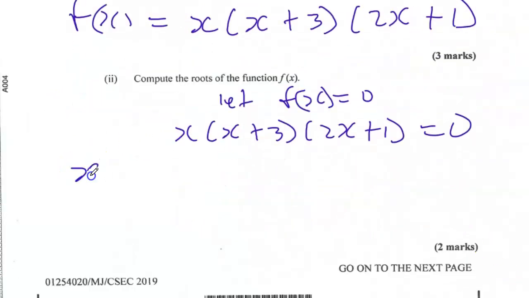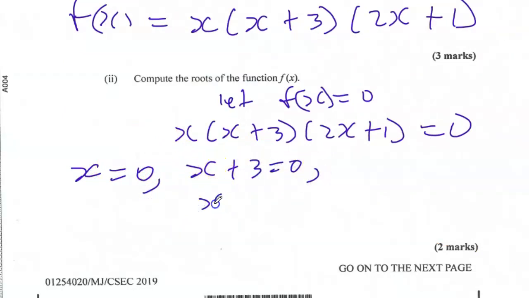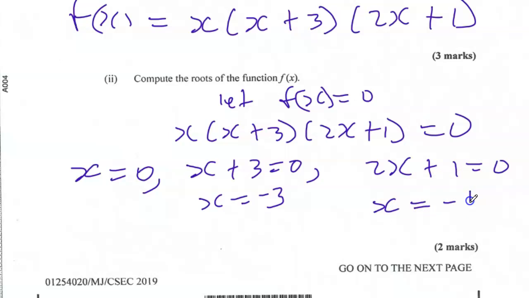So we equate x to 0. We equate x plus 3 equals 0. We solve this, we get x equal minus 3. And we put 2x plus 1 equals 0. So we subtract 1 from both sides and divide both sides by 2. X equal negative half would be one of the roots.